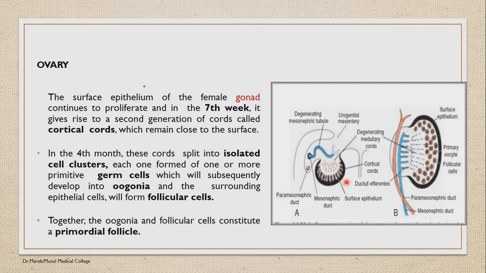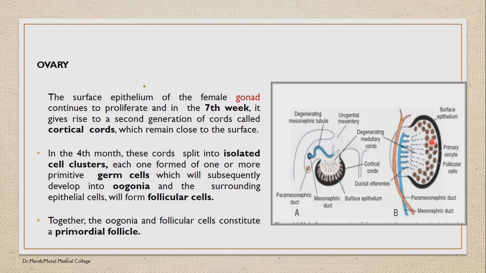So in the ovary, we have the cortical cords, which developed from the surface epithelium. We have degenerating medullary cords, which will give the ovarian stroma. The cortical cords split into isolated cell clusters, and each one is formed of primitive germ cells.